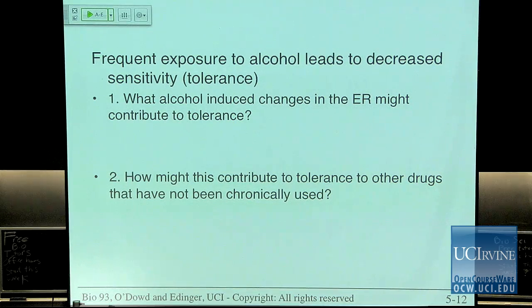Think about cellular changes that could contribute to tolerance associated with chronic alcoholism. Yes? Okay, so if you have extra smooth ER, then you're going to have more enzymes that are involved in detoxifying, and so they would potentially work faster.